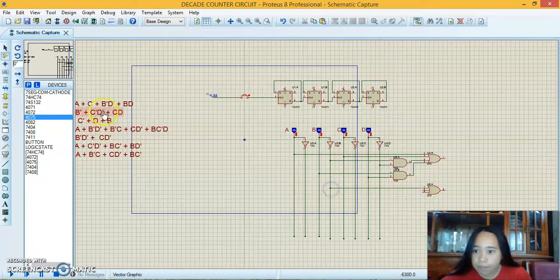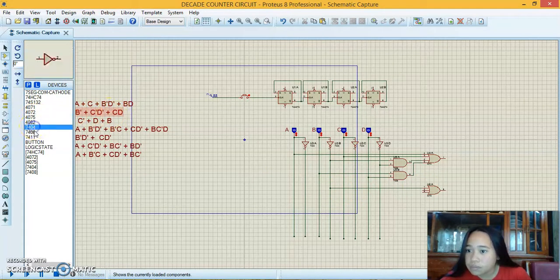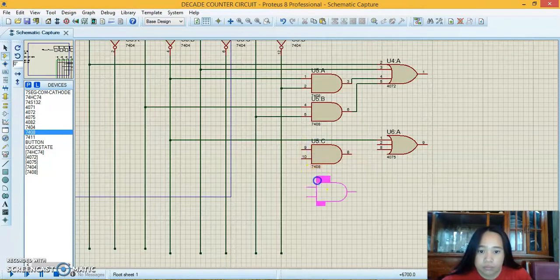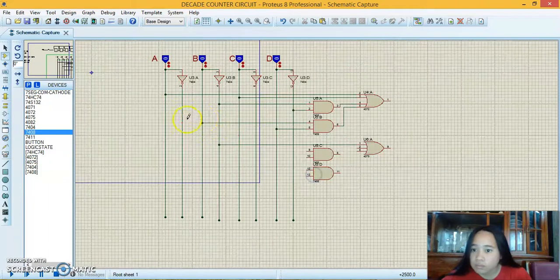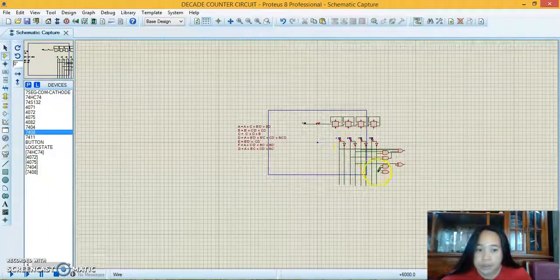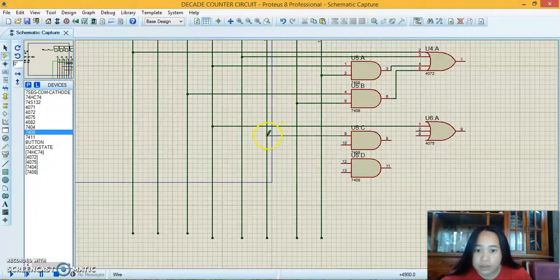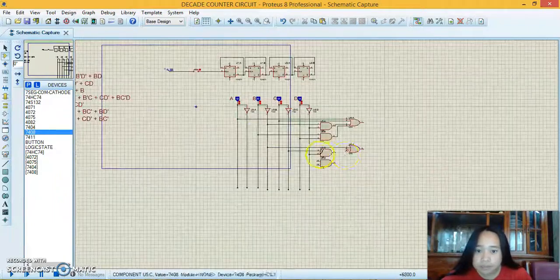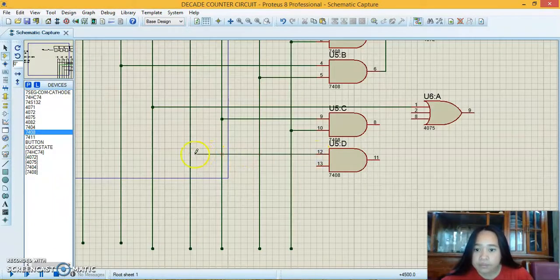B prime, C prime D prime, and CD. Connect this one here. The same process, connect this here.